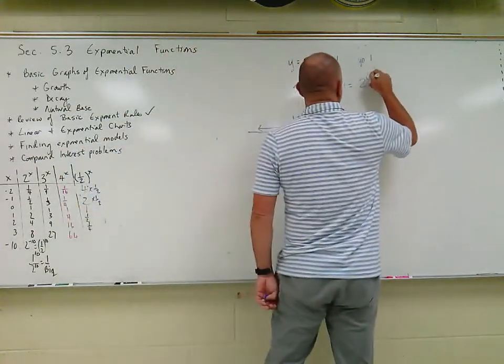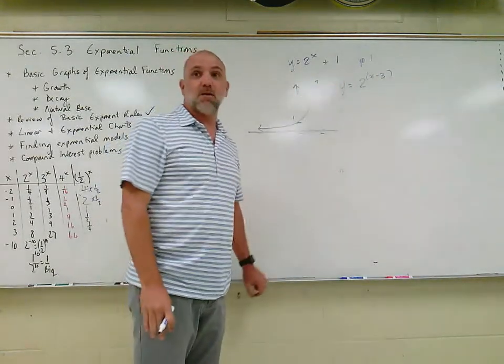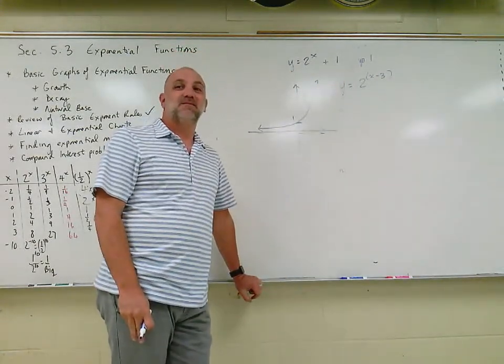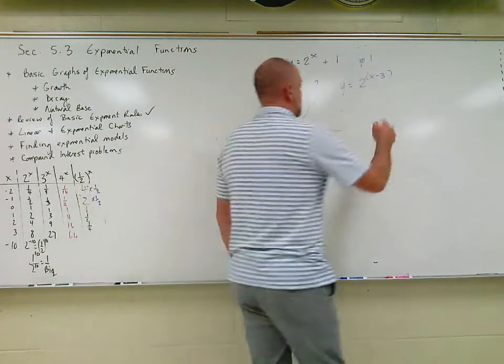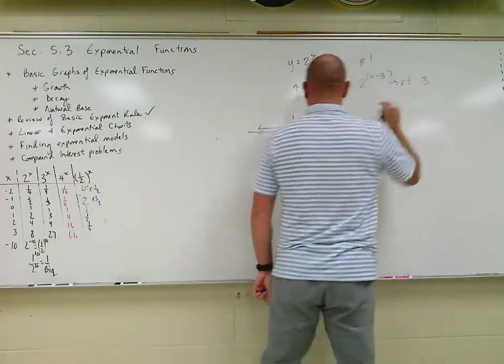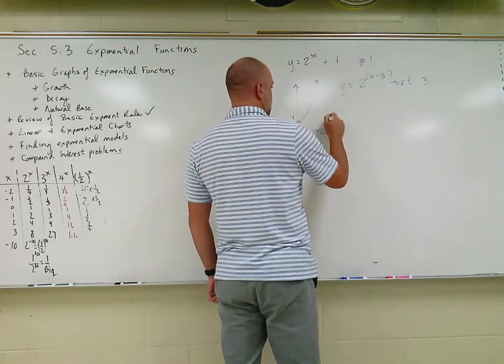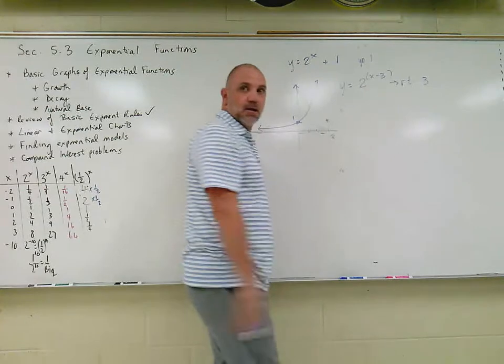What happens if I did 2 to the x minus 3, with the minus 3 in with the x? Right 3, just like it would with anything else. So to graph this, I would take maybe 1 point, move it right 3, and then redraw it.